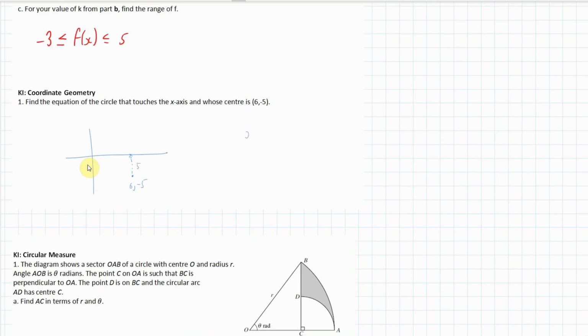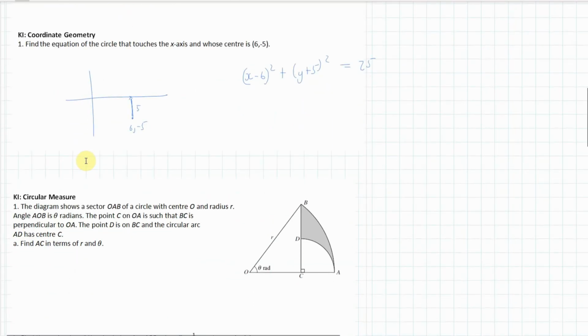So I would write this as x minus 6 all squared plus y plus 5 all squared equals, then I think it should be 25, because if it touches the x-axis, then it's got to go up 5 from that centre. Okay, so that would be my answer there.